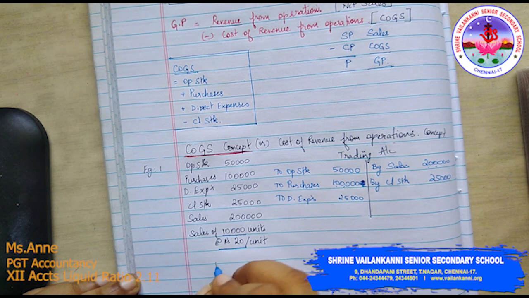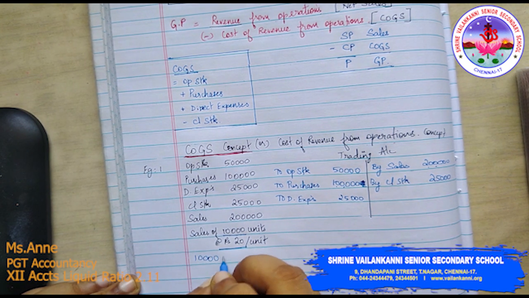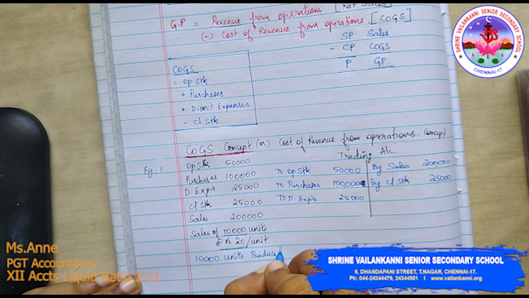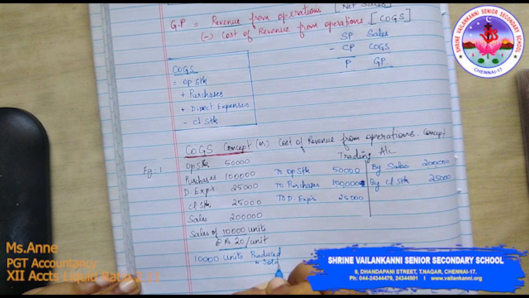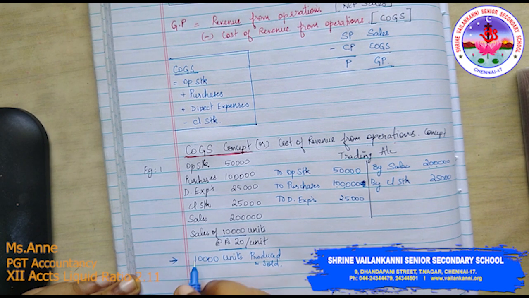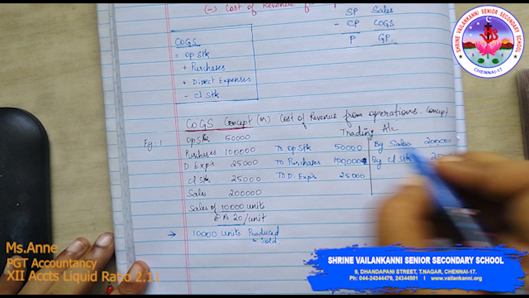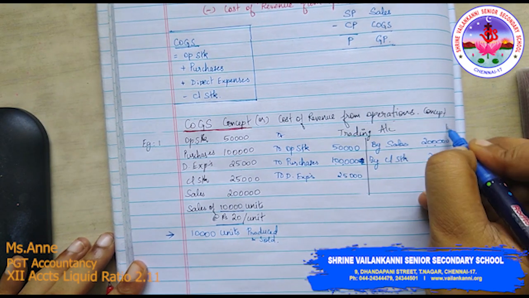In our example, let us assume that 10,000 units are being produced and sold. This is our debit side, this is our credit side.